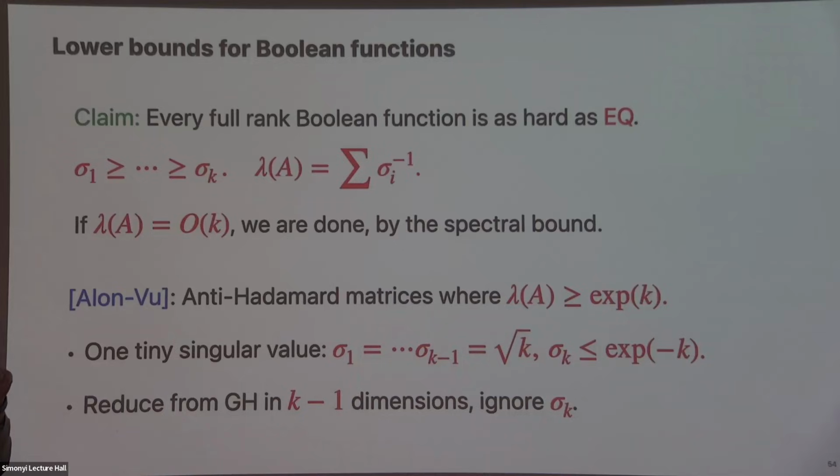We just pad the last entry with 0, right? And this, take my word for it, we're going to see in the next slide. It will let us ignore this one small singular value. In fact, the lower bound we get for this matrix would be the same lower bound we get for Hadamard, which is 1 over epsilon, and we're just trying to prove 1 over epsilon to the 2/3 here, right?